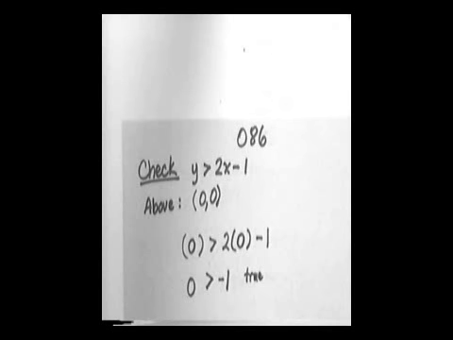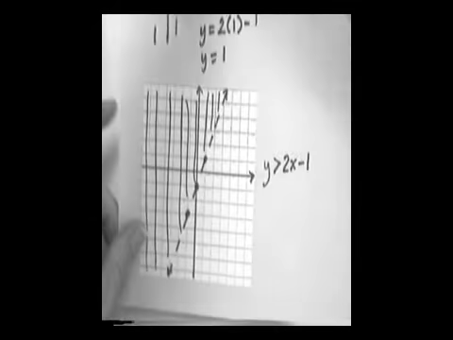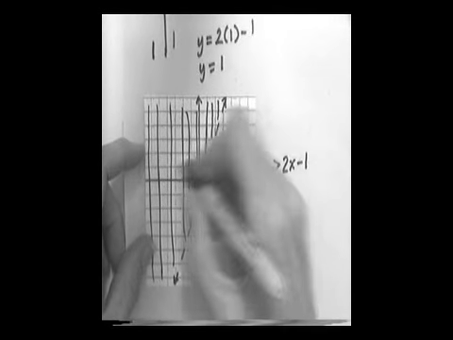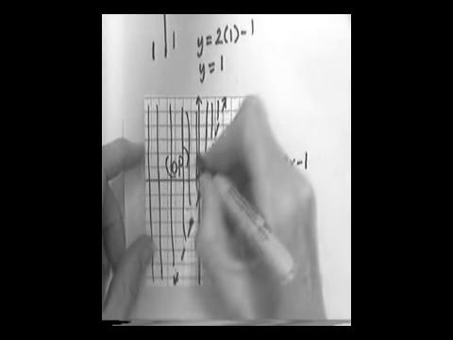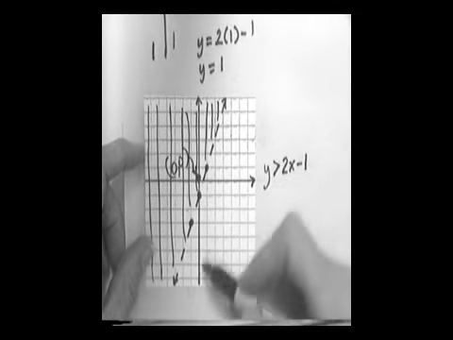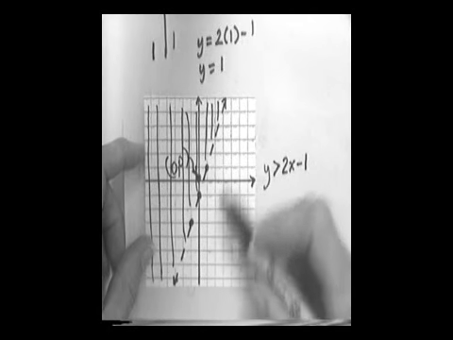And remember that the true is supposed to go with the part that is shaded. 0, 0, the point I've tested, is on the shaded side, and it does test true. For a point below the boundary line, just as a double check, let's choose any point below the boundary line.